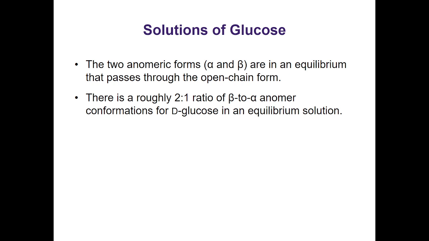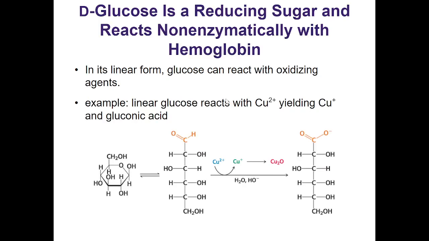If you happen to have one form that's more than the other, you'll have an exchange between the two. There's roughly a 2-to-1 ratio of beta to alpha anomer conformations for D-glucose in an equilibrium solution because the beta is a bit more stable than the alpha, okay? And that gives you your overall populations of 2-to-1.